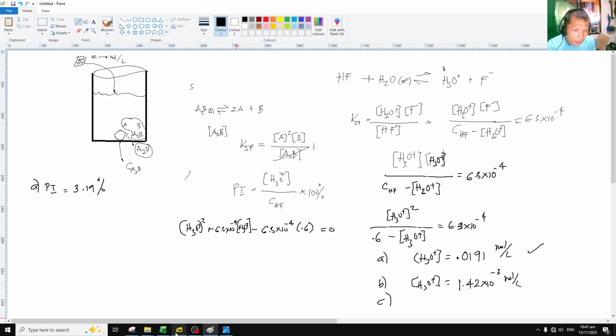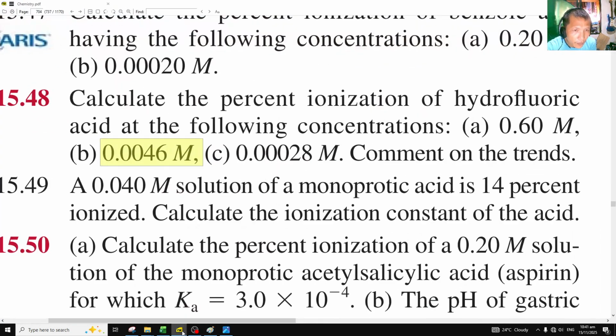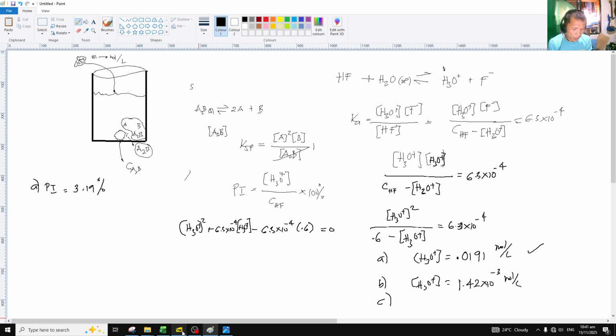Double check: 0.00028 times 6.3 exponent negative 4, and the B will not change, it is positive. So I will have 2.1 times 10 to the negative 4 mole per liter.